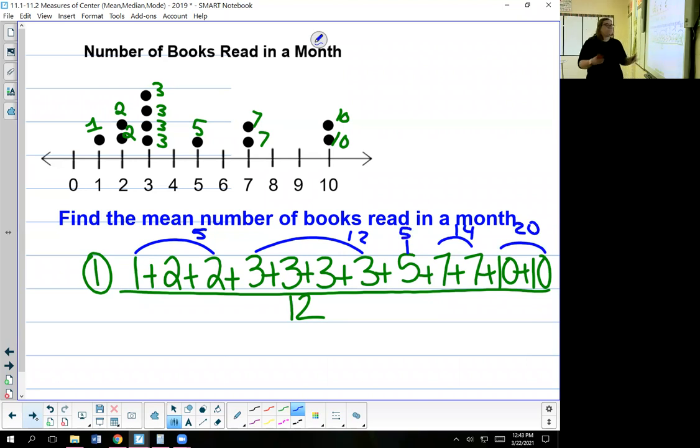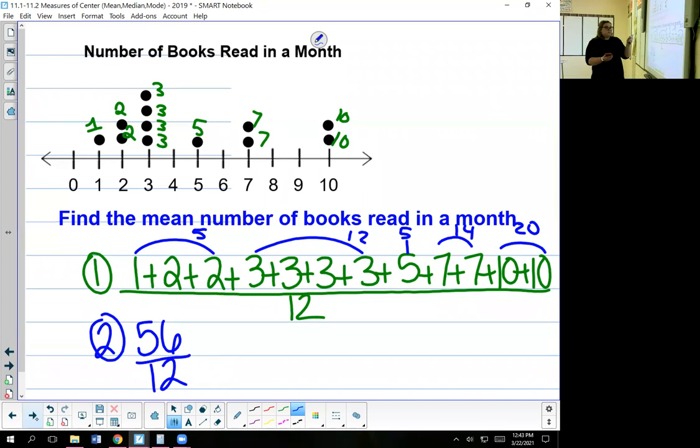So I kind of try to group things together to make it a little bit easier. By all means, if you want to type all those numbers in, go for it. I'm not doing that. Okay, so I have a 5 and a 12 and a 5 and a 14 and a 20. Okay, regardless of whatever way you do it, the sum of the numerator is 56 divided by 12.